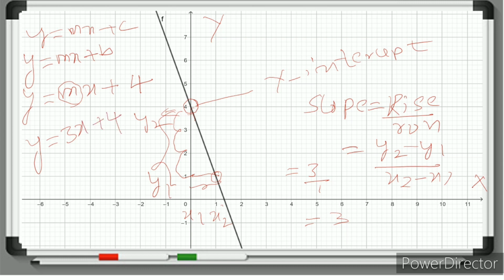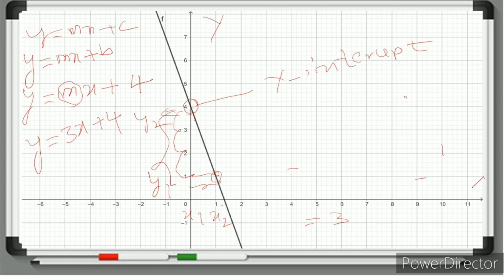Now boys, I will take two ordered pairs. But one more thing I want to tell you, boys, this line is moving from up to down, from left to right. So the more important thing which I want to tell you is the sign.